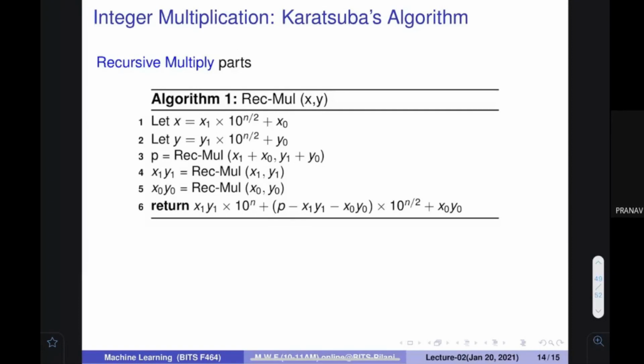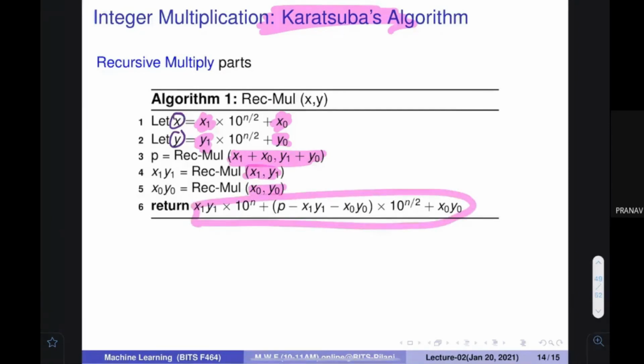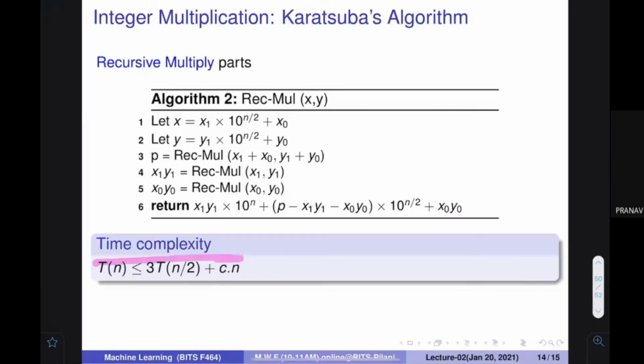This method is called Karatsuba's algorithm. It says that if two numbers x and y are given to you, realize them as x1 and x0, y1 and y0, then find the multiplication of these summations, find the multiplication of the individual terms, and return the answer. This algorithm takes time complexity of order of n plus 3 T n by 2.